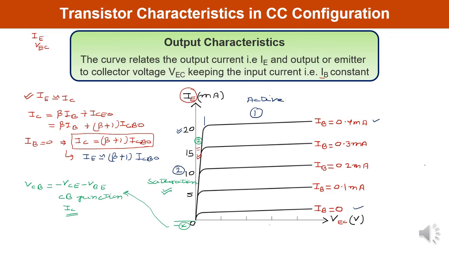So you can say region number 2, which is mentioned on the left-hand side and some portion on the right-hand side, is the saturation region. And there is one more region denoted by the third one. This is the cutoff region. The cutoff region is where both the diodes are in reverse bias. You can observe this.